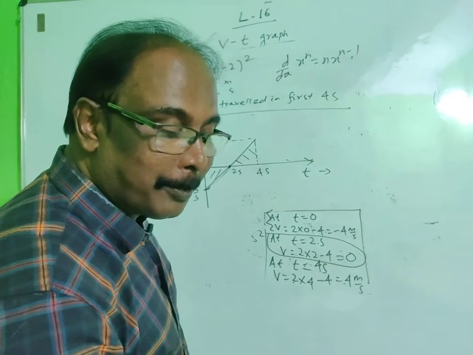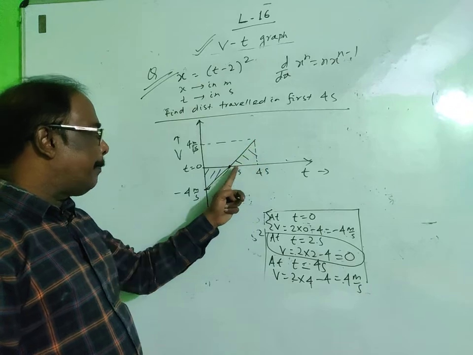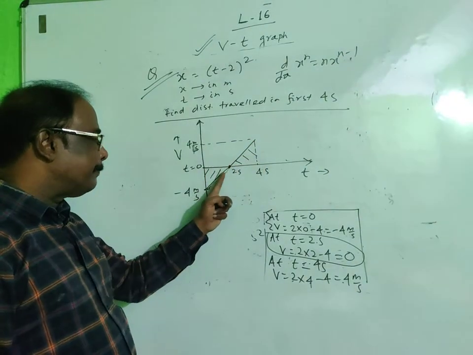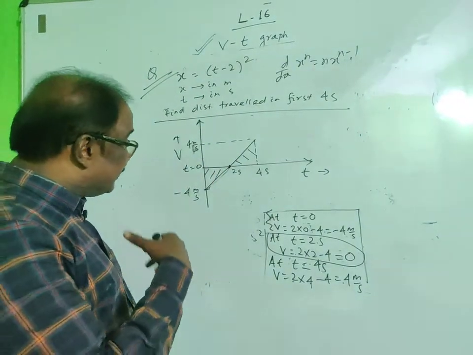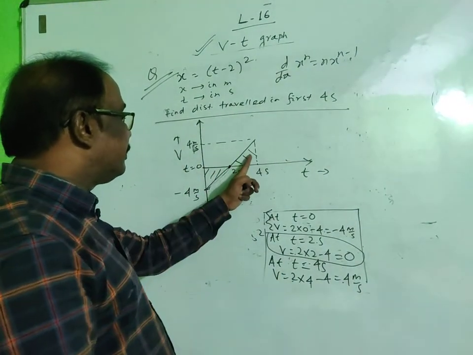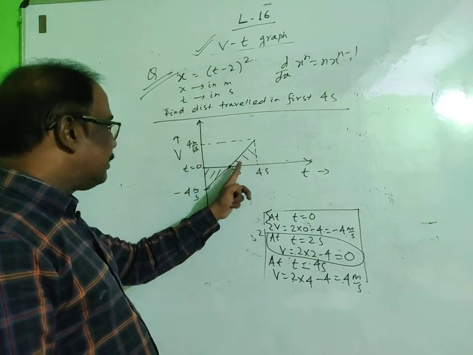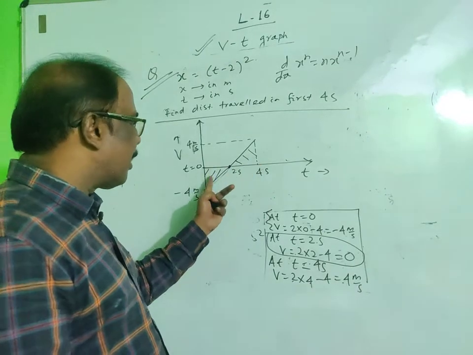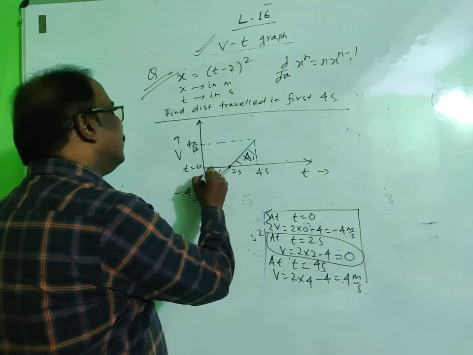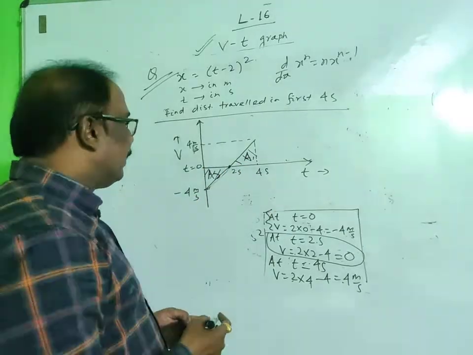Area under this graph plus area under this graph. I think you can do it because we have already done. If displacement is asked, then this area minus this area. This is positive, this is negative. But it is asked to calculate distance, so areas A1 and A2. Area of this triangle plus area of this triangle is equal to total distance.